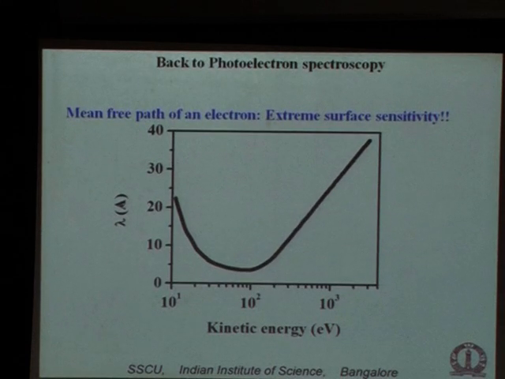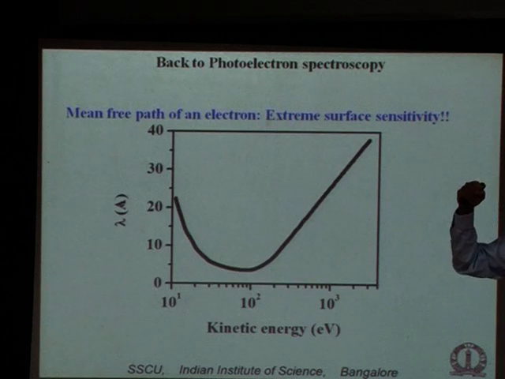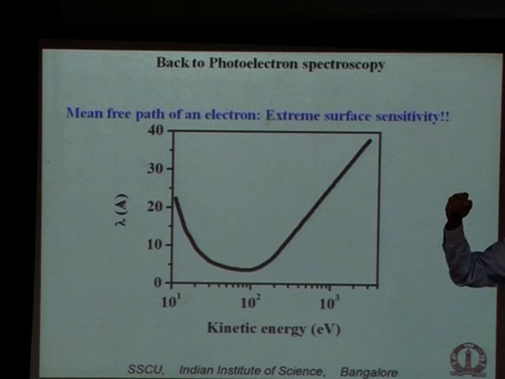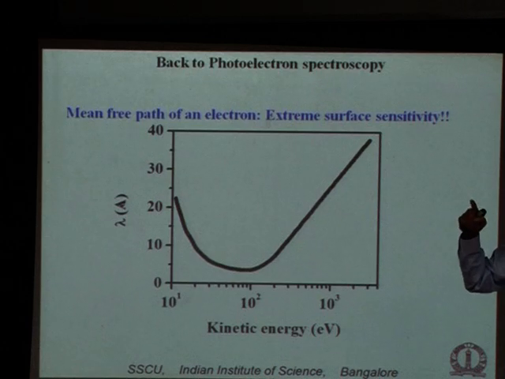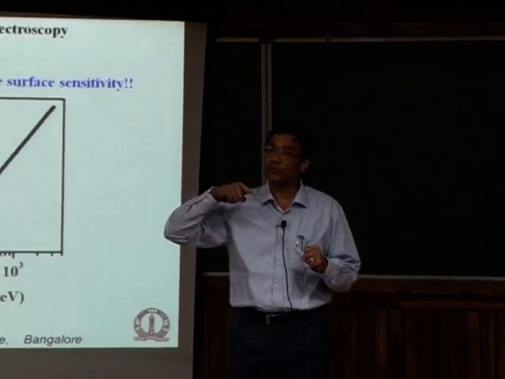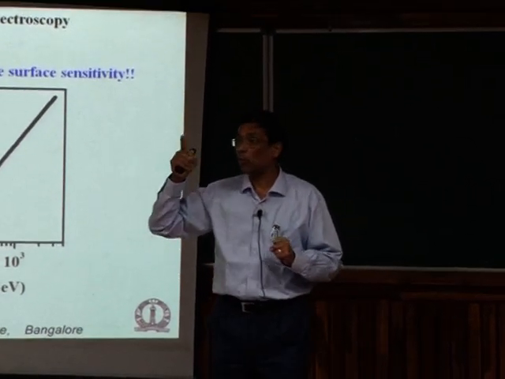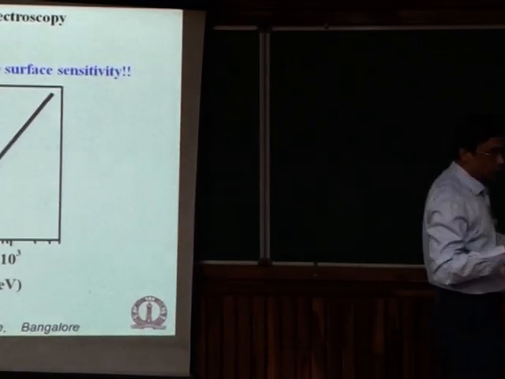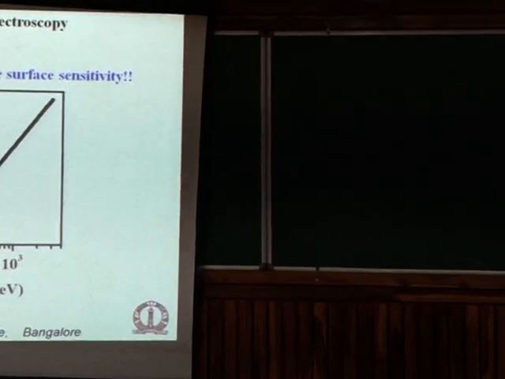One is the fact that we are measuring the kinetic energy of the electron. And remember, we are applying the energy conservation, right? Now, energy conservation I can apply only if that electron did not lose any energy when coming out. If you visualize the process, you have this material that thick.